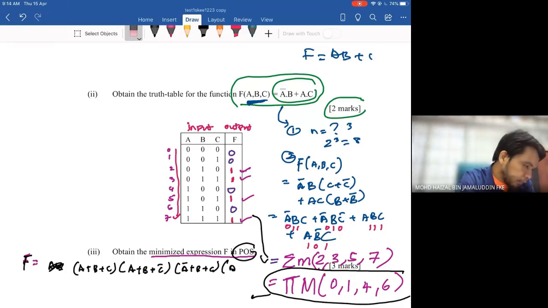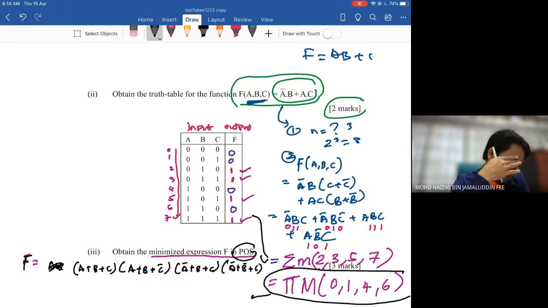Okay. Then 6: A bar plus B bar plus C. But the question asks us to obtain the minimized form, to minimize.